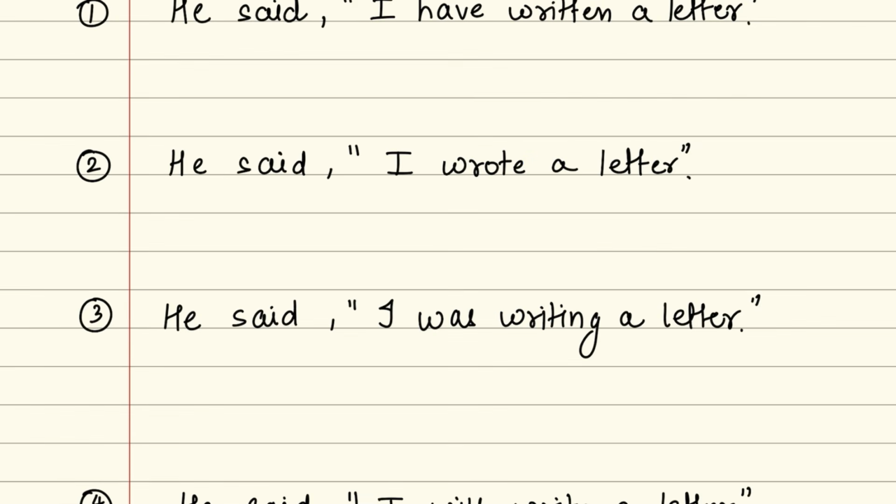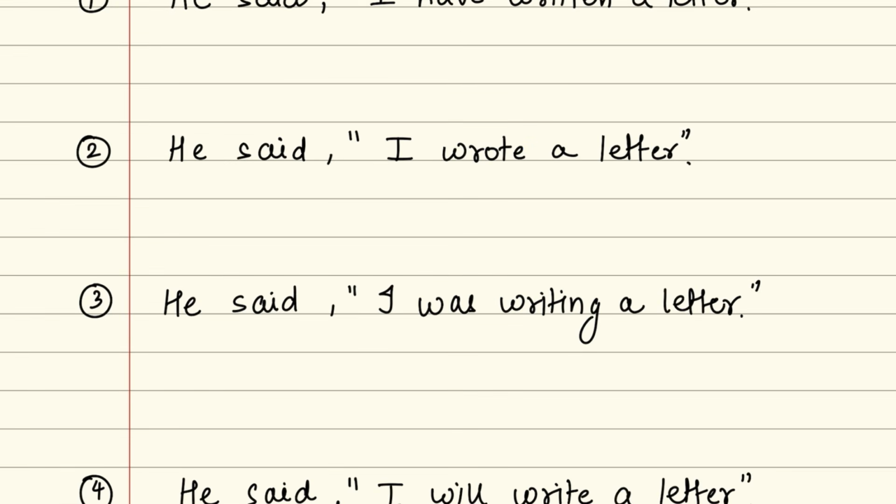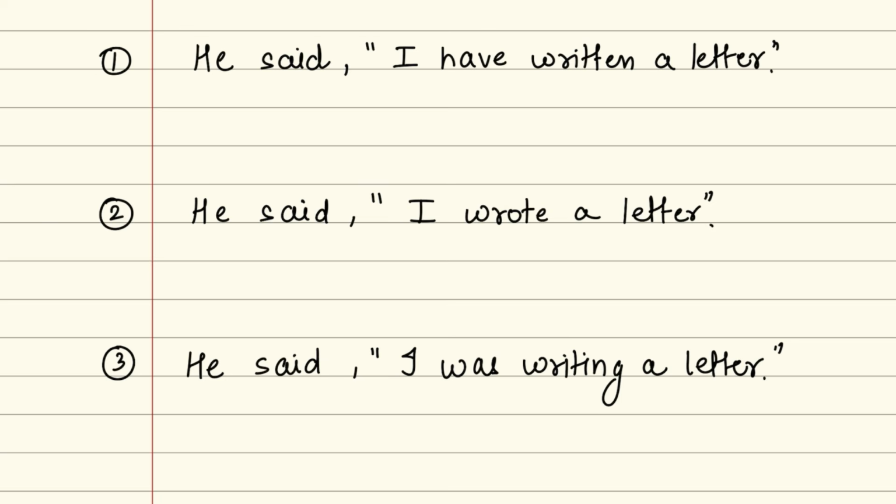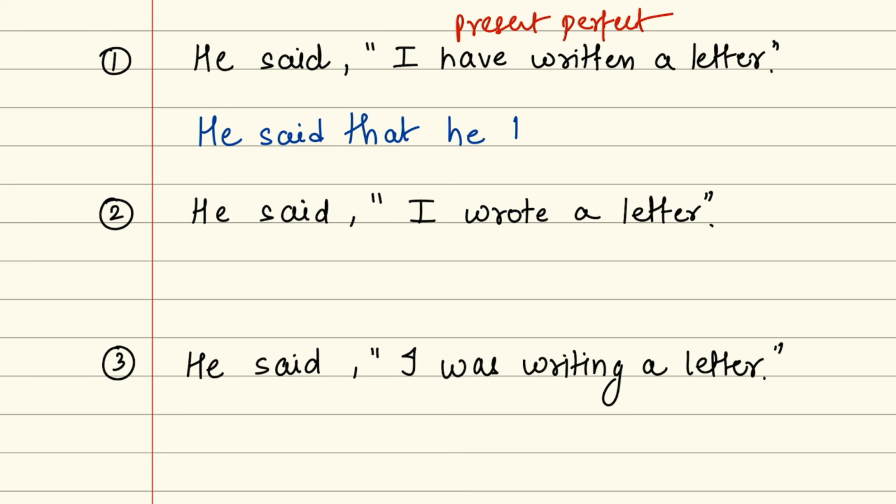Now we'll move on to some questions so that I can know if you have understood the concept or not. He said, I have written a letter. Now this is present perfect. Present perfect changes into past perfect. Here the answer will be, he said that he had written a letter.